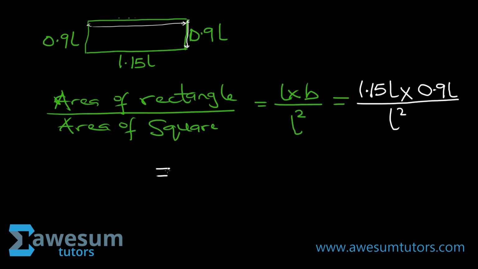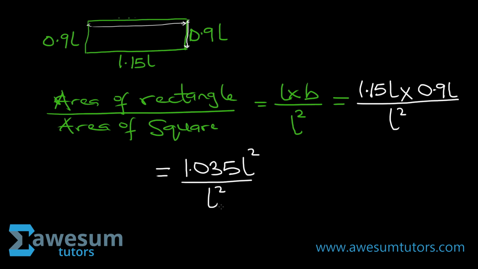Now let us simplify. 1.15 L times 0.9 L, what will that give us? That's going to give us 1.035 L squared over L squared right here.